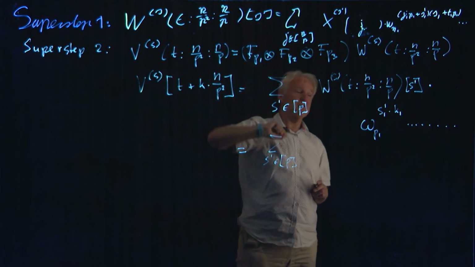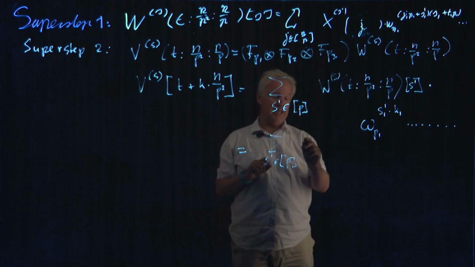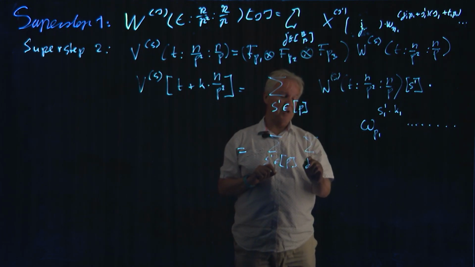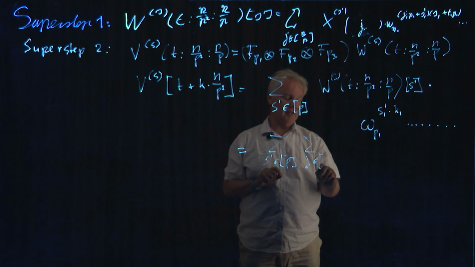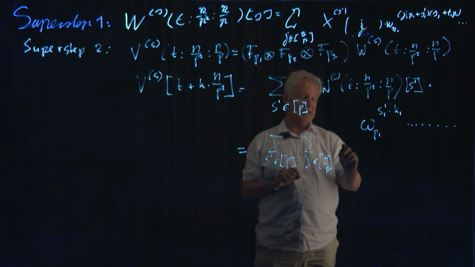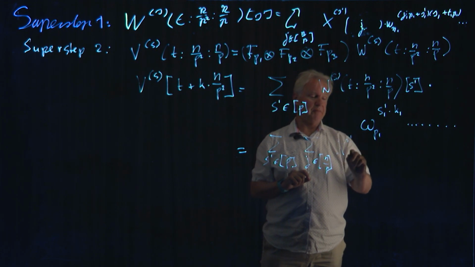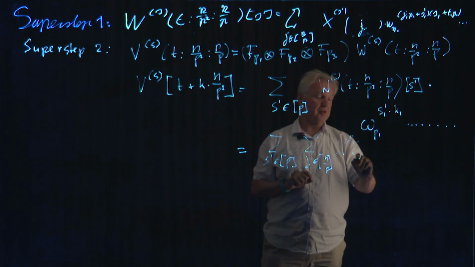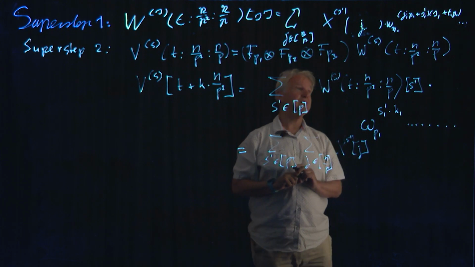So the S prime component is a sum, the sum of J in N over P, XS prime with the corrected J that we have here.